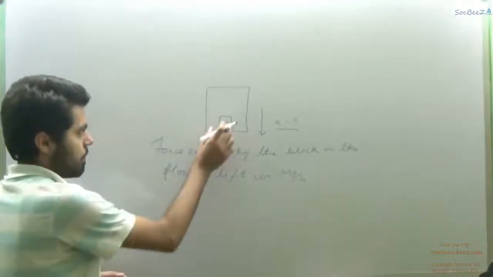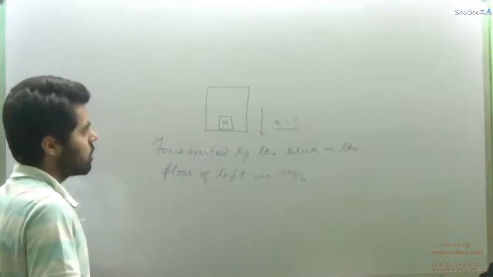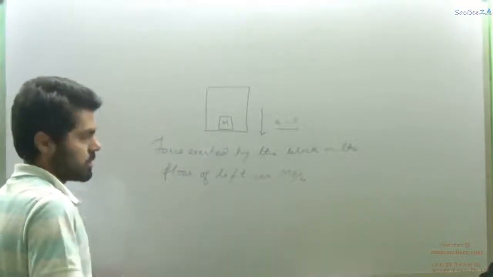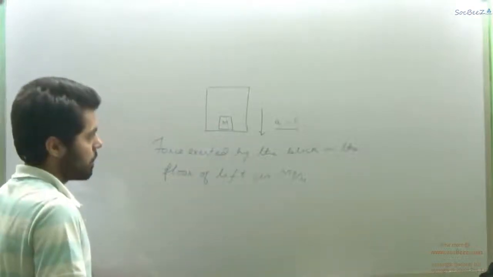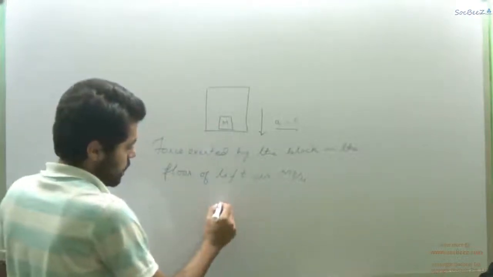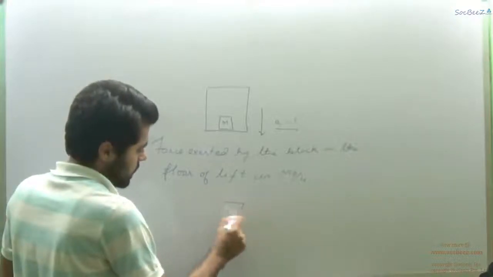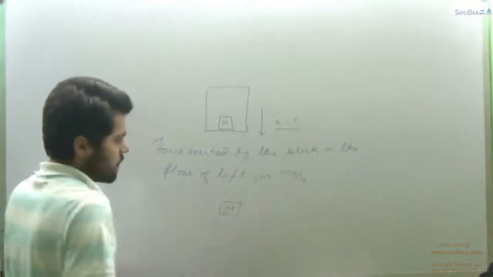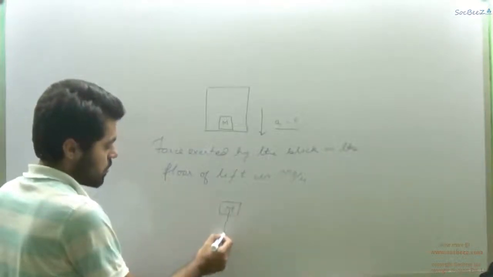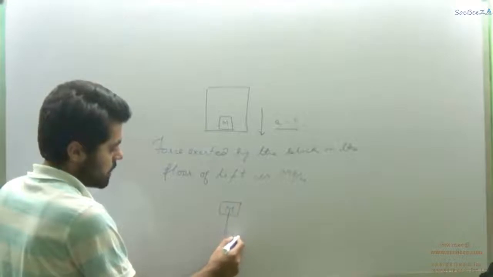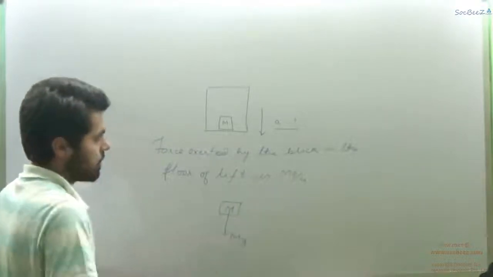So ultimately we have been given a block of mass m. So our first target should be to write the Newton's equation for this block. For that we have to make a free body diagram for the block. So what are the ultimate forces acting on it? Of course, the first and foremost one, the gravity, mg, acting downwards.